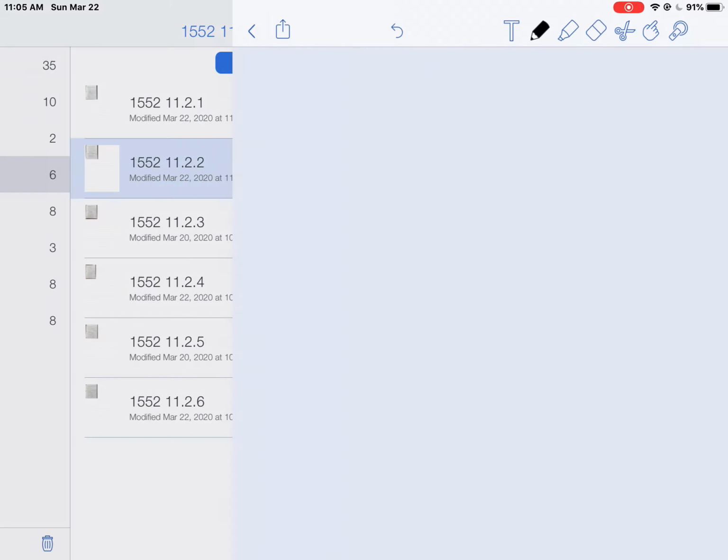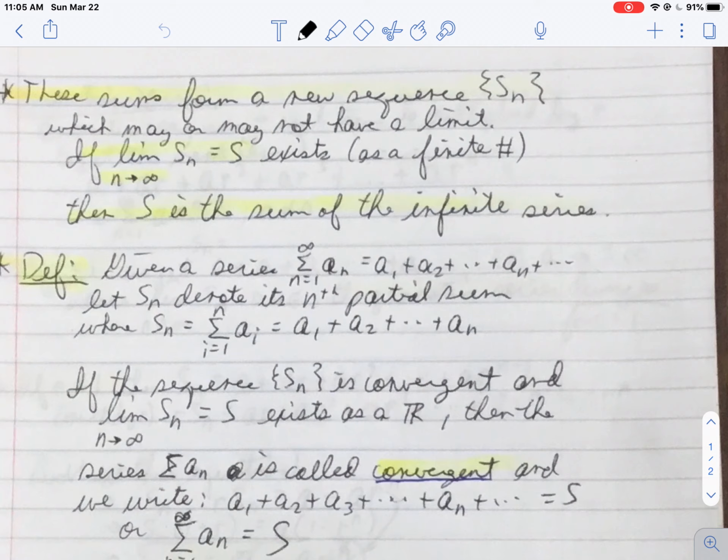If we saw that those partial sums were approaching some number, then the series itself would be approaching that number. So the sum forms our sequence of partial sums, our sequence S sub n, which may or may not have a limit. And if that limit, the limit as n approaches infinity of S sub n equals S, exists as a finite number, then that's the sum of our infinite series.